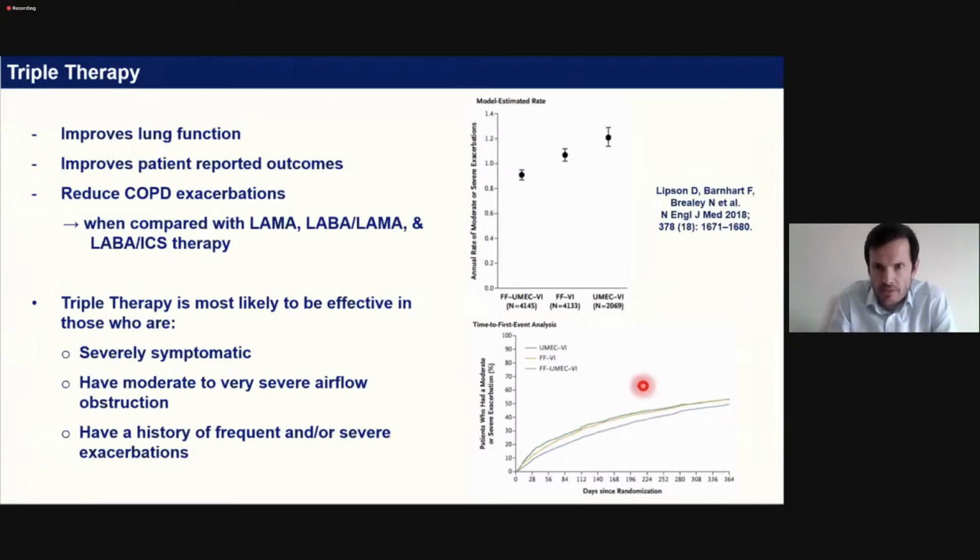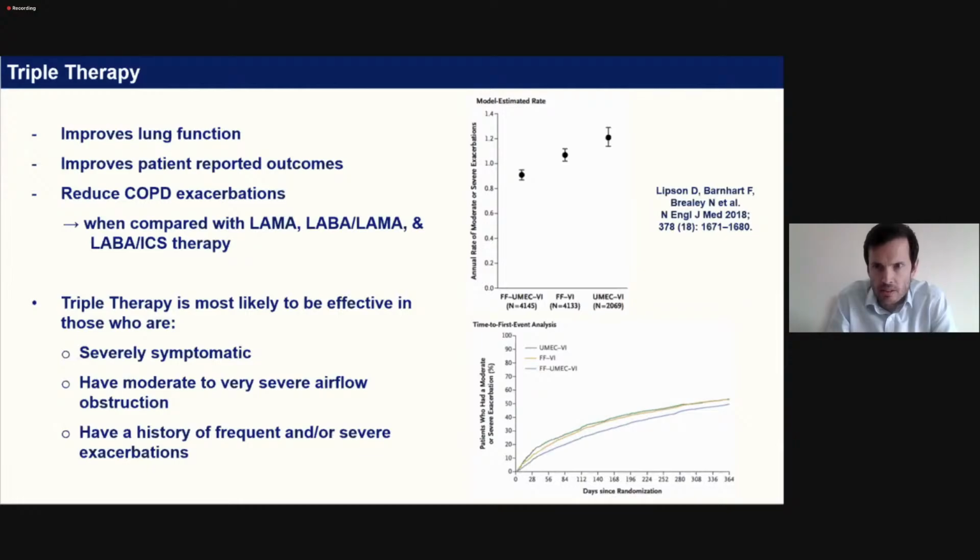As shown in the second figure here, patients on triple therapy were also shown to have a lower risk of exacerbation, and this is shown in a time to first exacerbation analysis. So you can see that the triple therapy group had a significantly lower risk of exacerbations compared to the other two treatment groups.